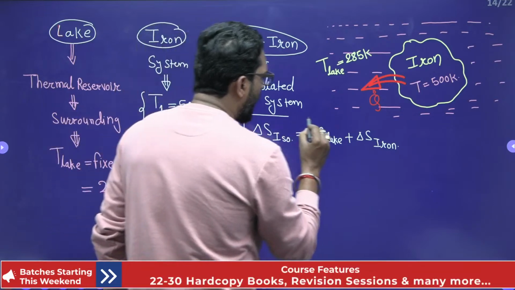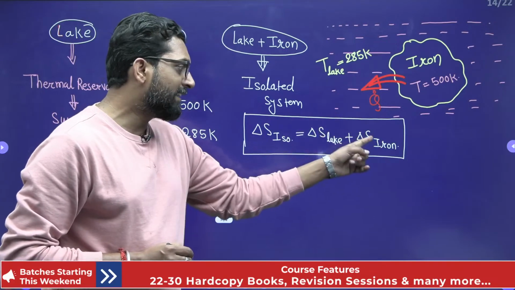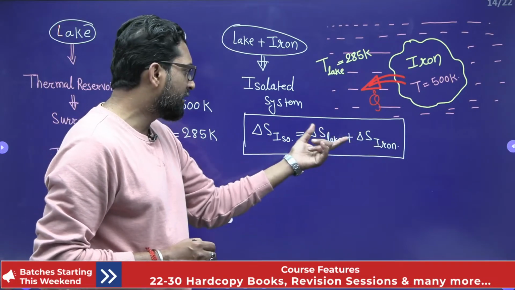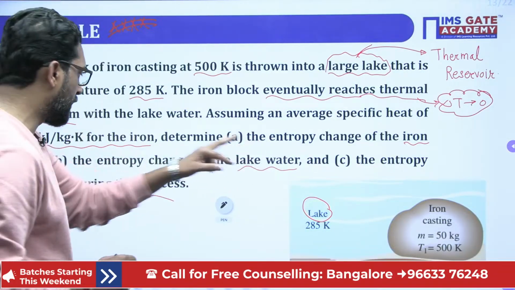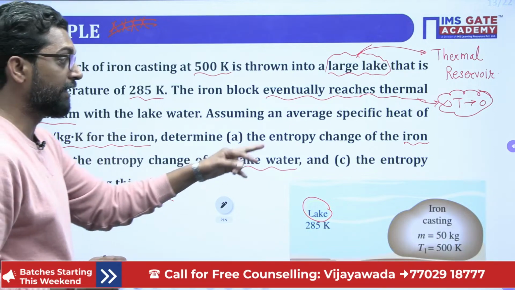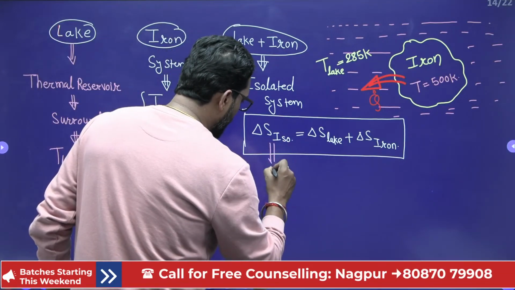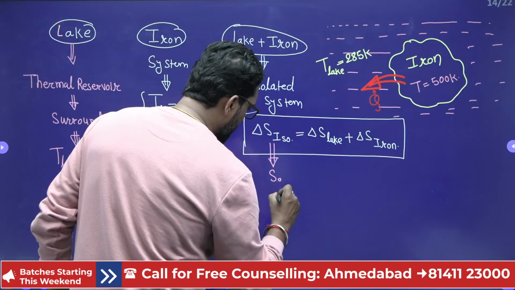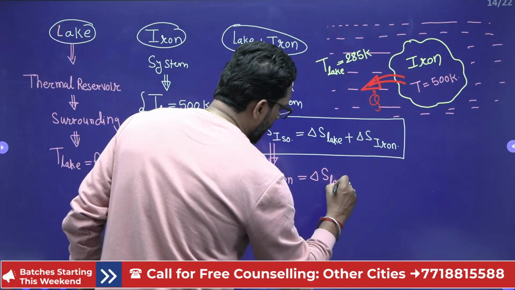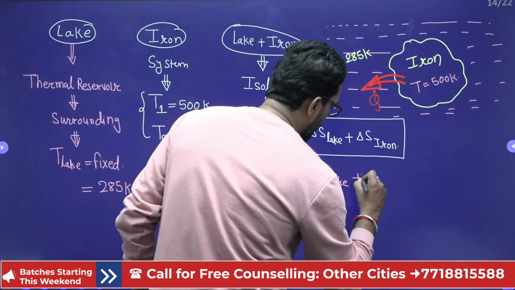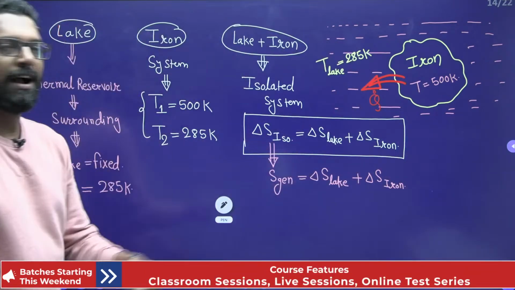If you find the entropy change of the lake and the entropy change of the iron and add them, that is the total entropy, the entropy generation during this process. So S generation is delta S of lake plus delta S of iron.